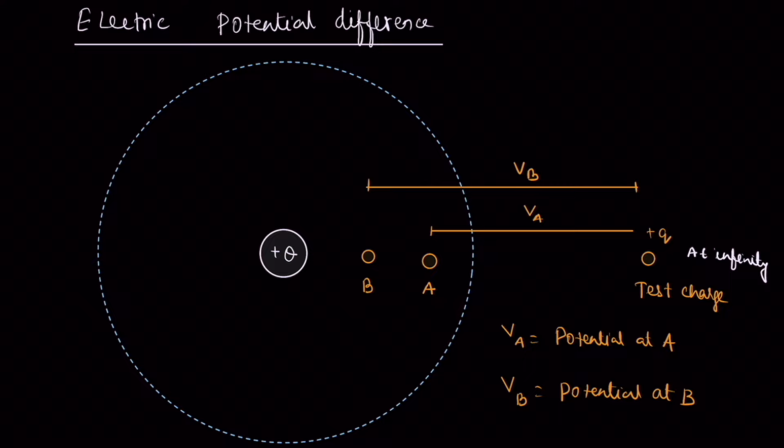So potential difference is the difference between two potentials.